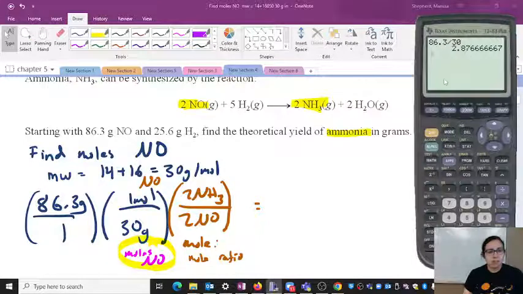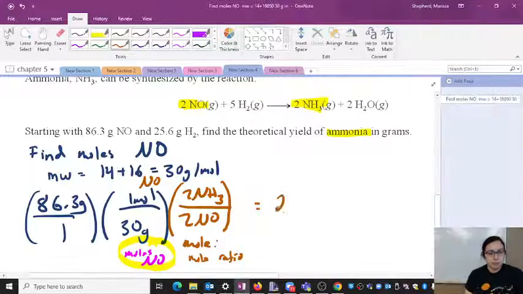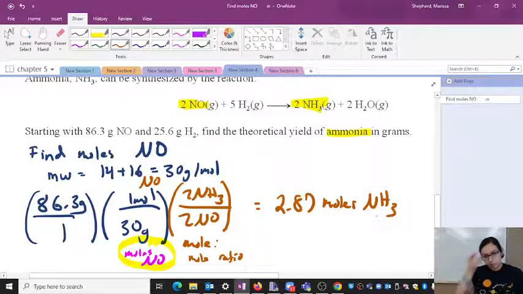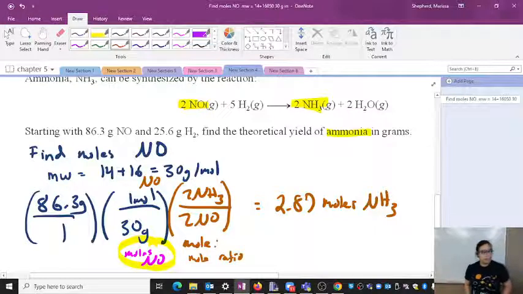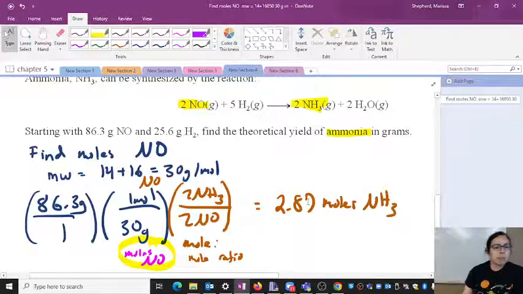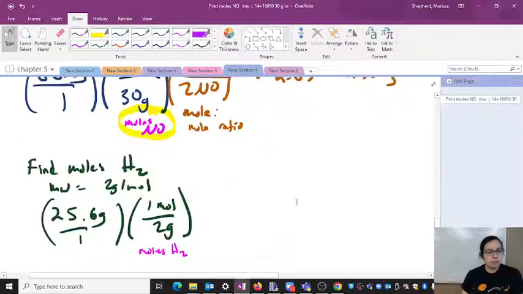In this case, we have 2.87 moles of NO, so that's going to give us 2.87 moles of ammonia. Now let's hold that thought, because like you were saying, we still need to figure out our limiting reagent. This is how much we could make from 86 grams of NO.